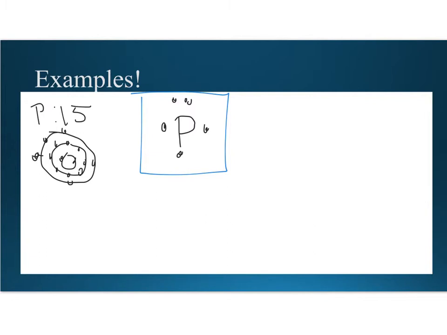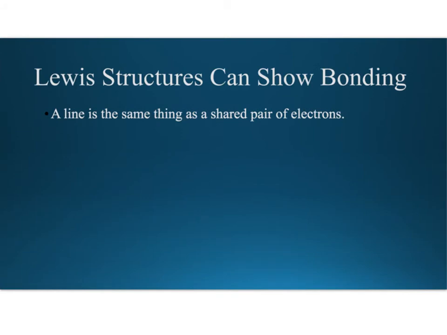Now, the other great thing about Lewis structures is that they can show bonding, particularly in covalent bonds. So a line is the same thing as a shared pair of electrons. In the rule number 1 video, we talked about carbon and how carbon has 4 valence electrons and how it can bond with hydrogen.